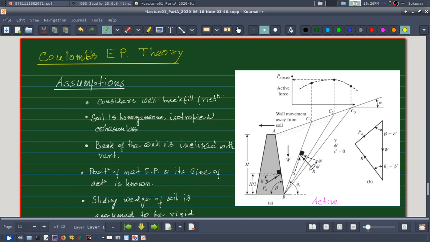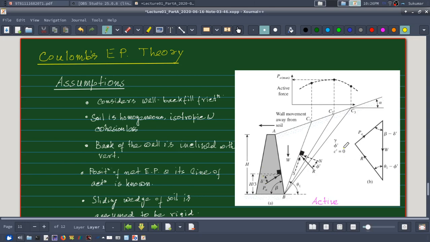That means the resultant will be below the normal direction. Okay, because you see this resultant will be equal to this force plus this force. If you consider vector addition, then the resultant of this force plus this force will give me this resultant, and since this is upward, this must be below the normal at an angle phi.